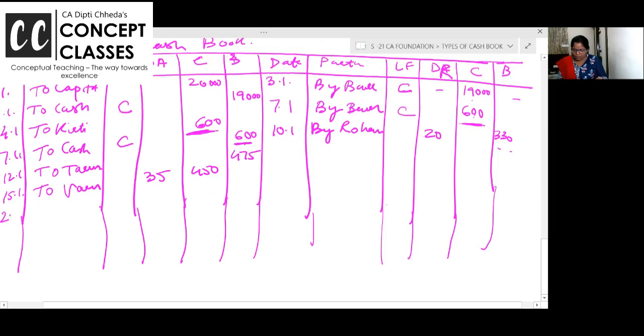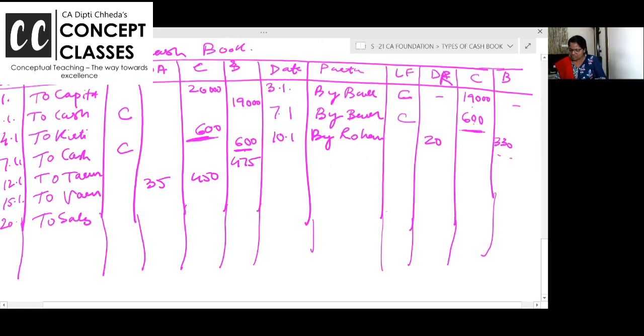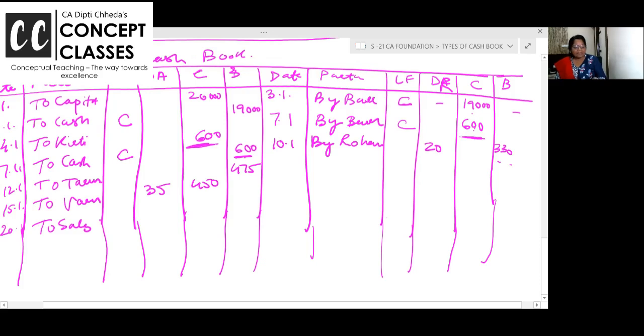Now, on 28th of January, we have received cash and check from sales. So, 2 sales. How much sales is there in cash? 75. And check is 100. So, total how many? 175.